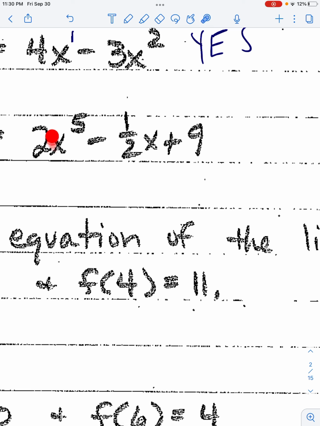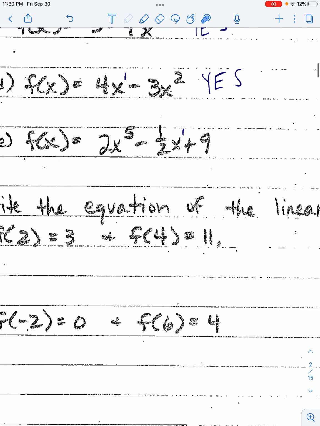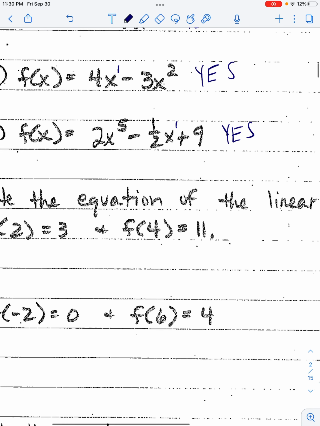X is only multiplied by stuff, or added to stuff, or subtracted from stuff, and my only exponents on x are positive 5 and positive 1, which are both positive integers. So yes, this is a polynomial function, okay? That checks out.